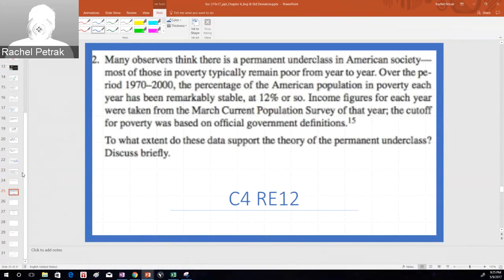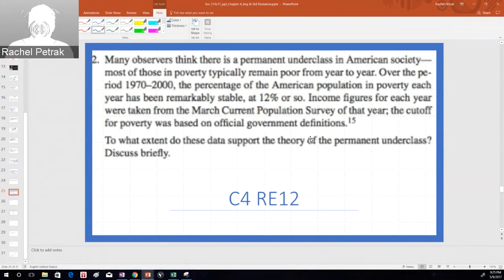Longitudinal data tends to show that most spells of poverty, or at least extreme poverty, are relatively short. So we see some movement of people in and out of the impoverished underclass, but there is weak to moderate support here for this idea that there's a permanent underclass.